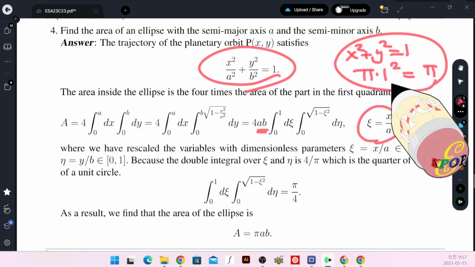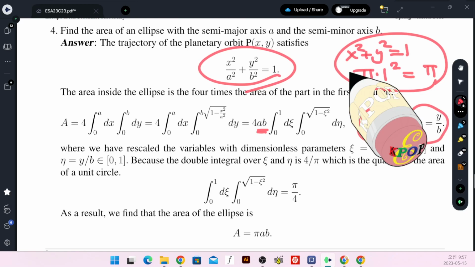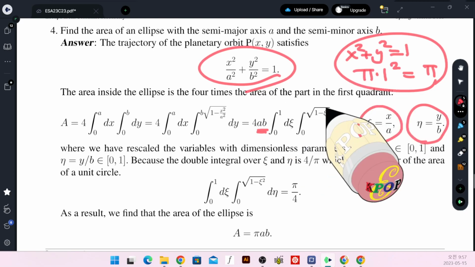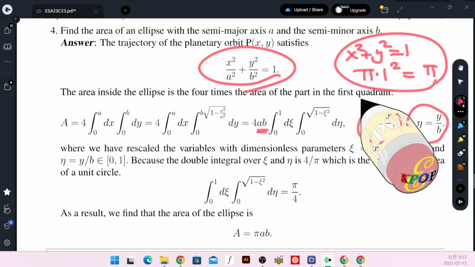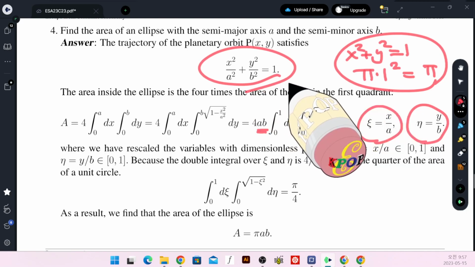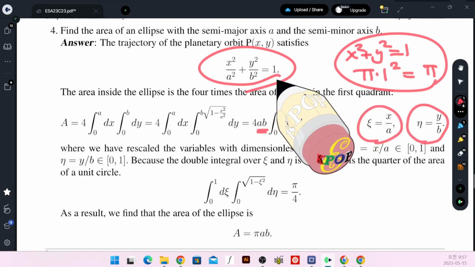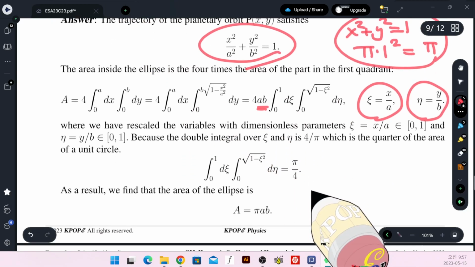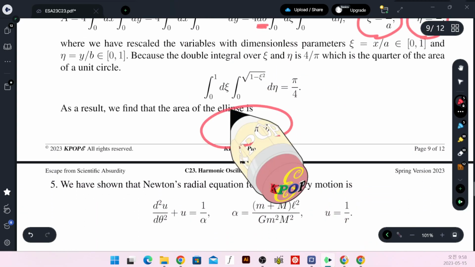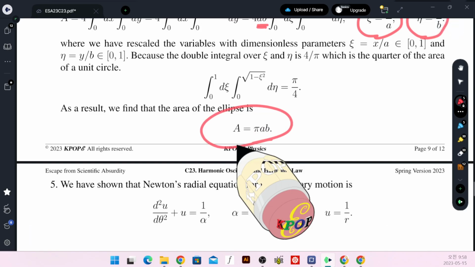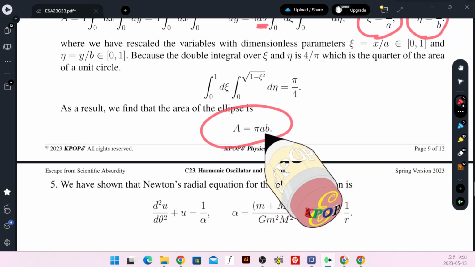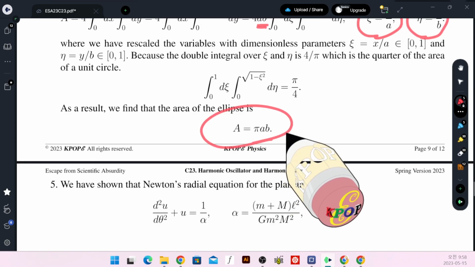So this rescaling is very, very useful, and we don't have to evaluate a complicated integral. But in principle, you can do that. Finally, the area of an ellipse of semi-major axis A and semi-minor axis B is pi AB.